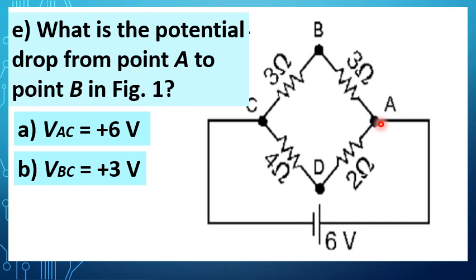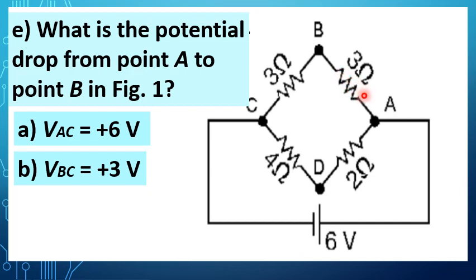Now, the potential of point B relative to point C is positive 3 volts because we know that the current is the same for resistors in series, all right? And since the two 3 ohm resistors are equal, each of them must get half of the total voltage.